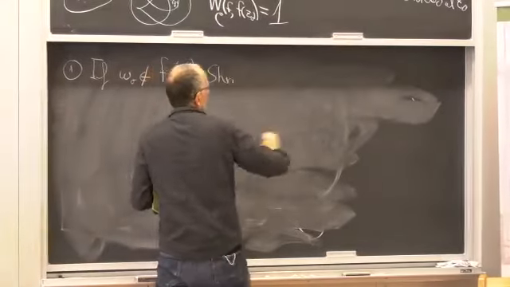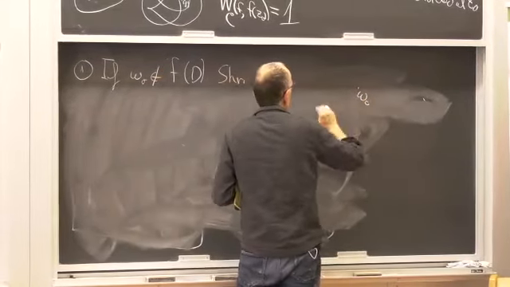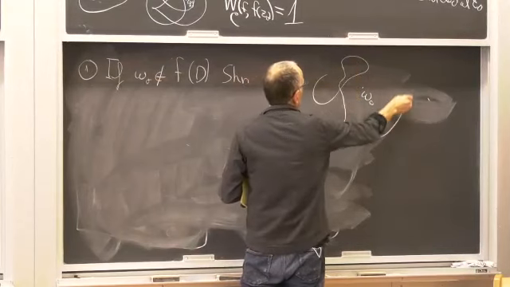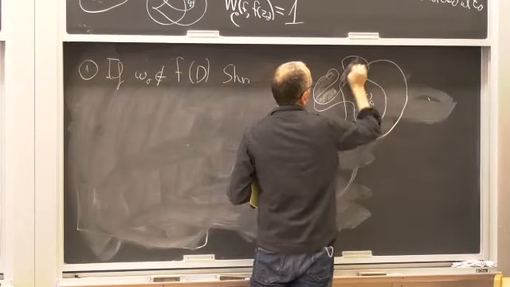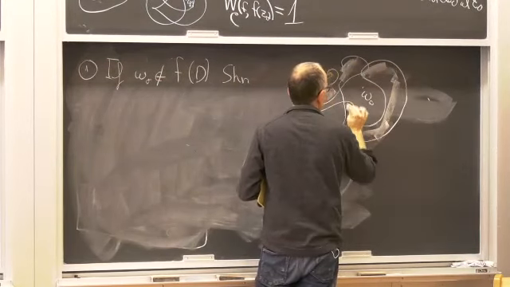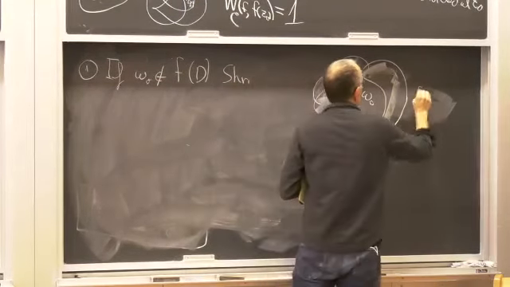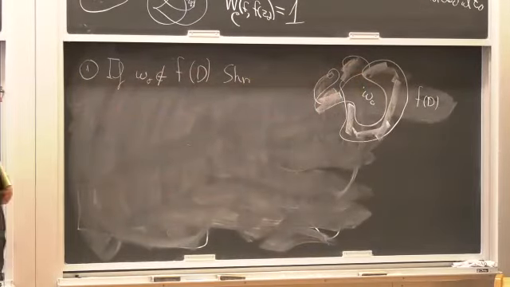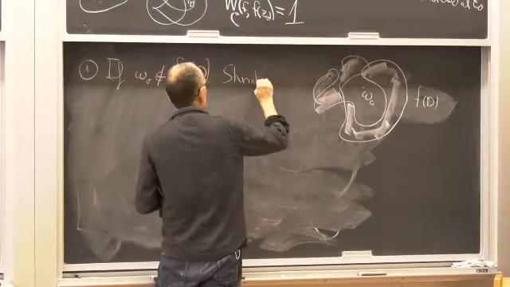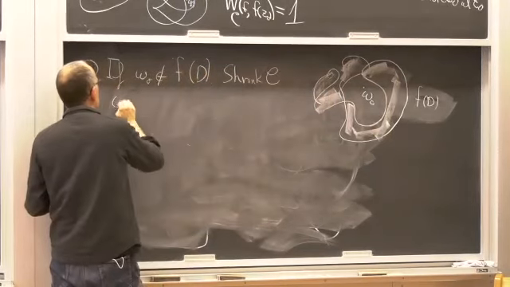So let's say we have W0 here, and here, I don't know what mess we have here. This is all F of D. Shrink C continuously.